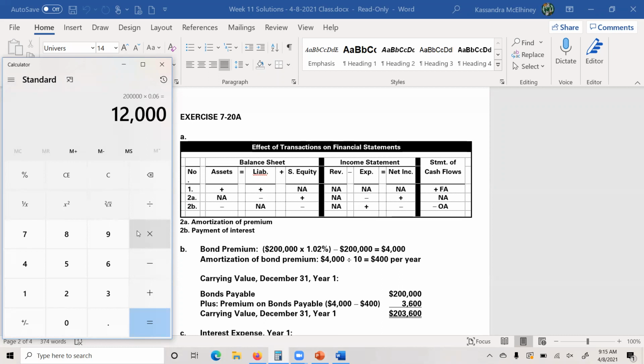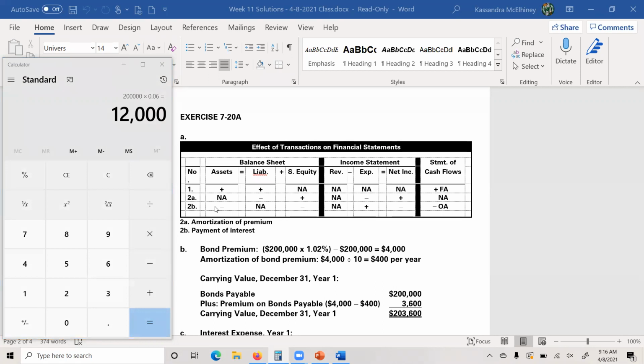So principal times rate times time. Principal's $200,000. Rate is 6%. Time is 1 year, so 12 over 12 months. So $12,000 would be the amount of cash paid for interest.